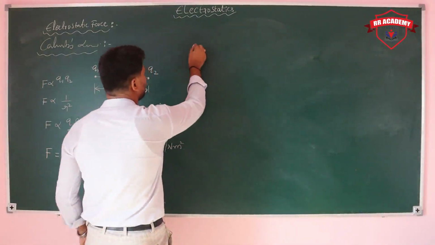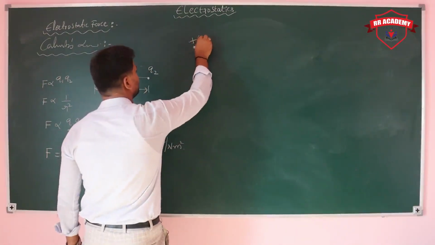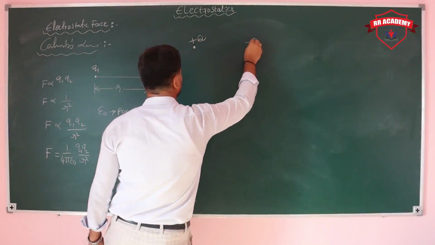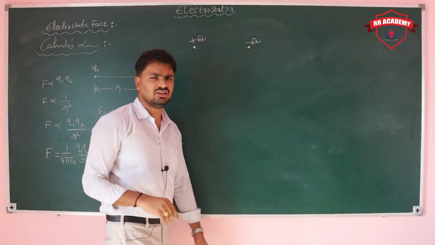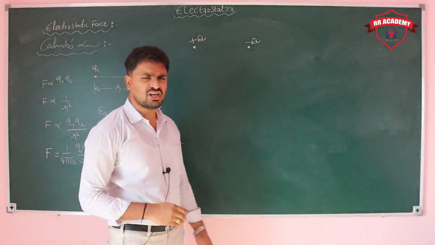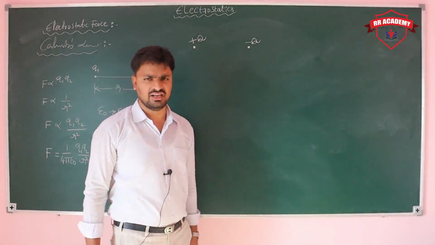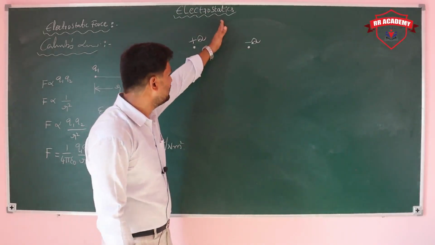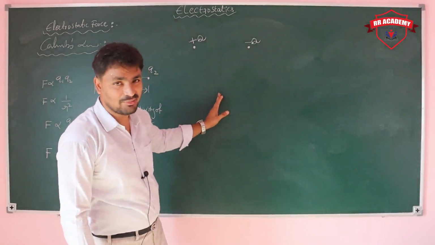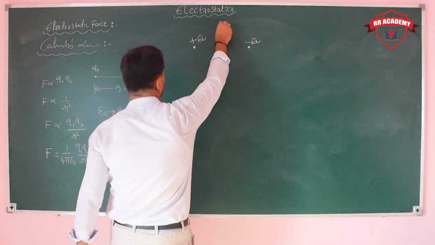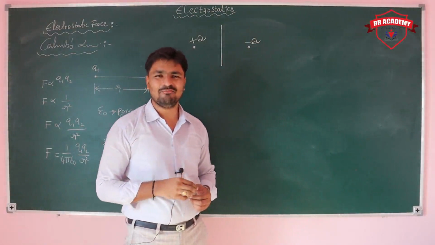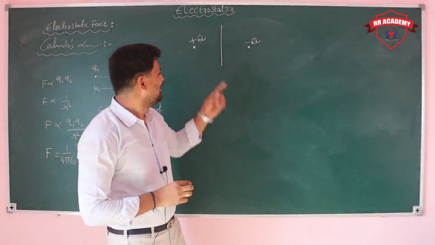Here I am considering a positively charged body, and here a negative charge. Positive and negative charges attract each other, you know that. In case in the middle of them I put a conductor, then what happens?